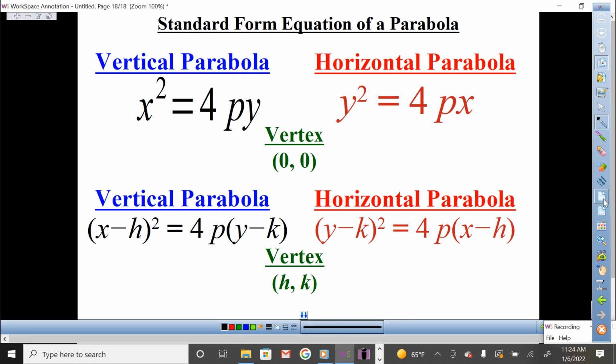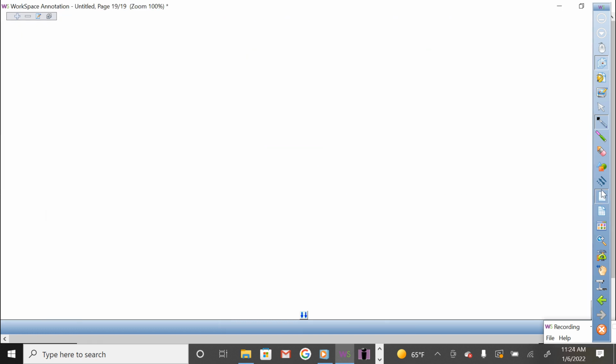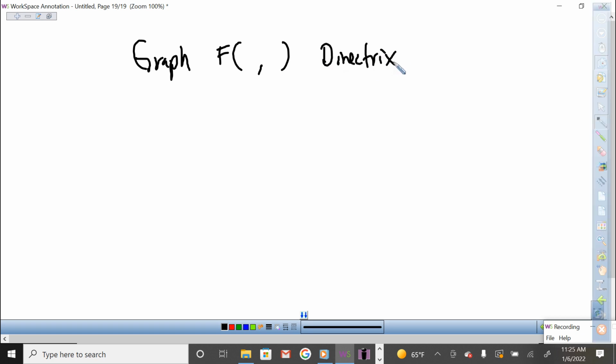I'm going to do some practice to make sure that you know how to write your equation before we get started with the practice. Ready? I'm going to get your brain ready. Tonight, they're going to say graph. Don't copy this. This is just practice. They're going to give us a focus and a directrix. Let's think about yesterday.